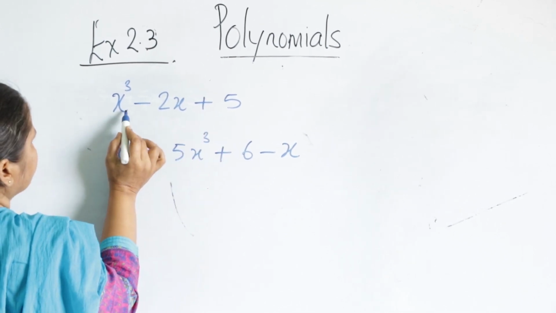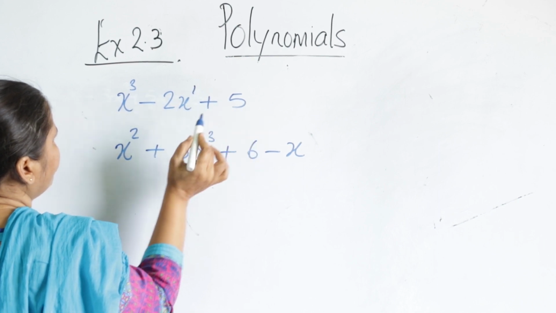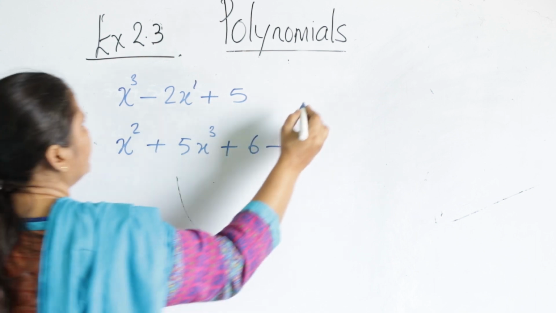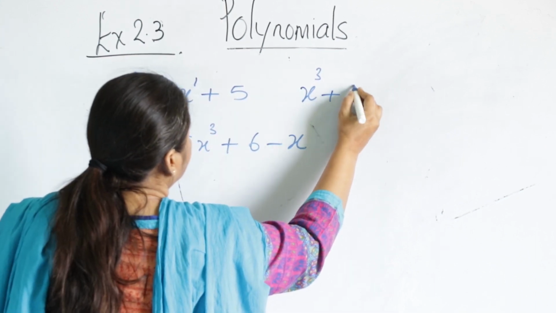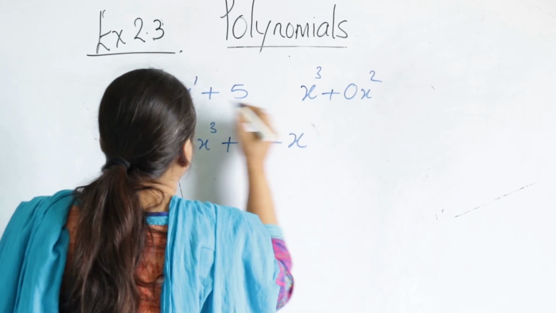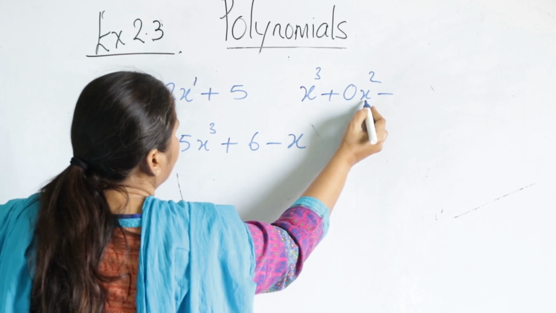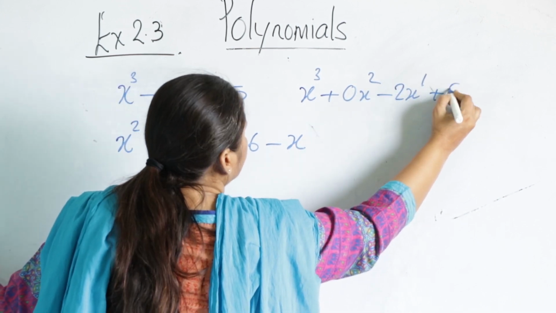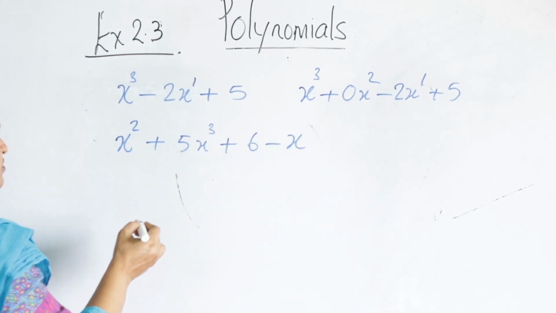Now if you see this, x cube, x raised to 1 and 5. Here x raised to 2 is missing. But for the convenience of solving, let us just take it as 0x square, then 0x square, 2x raised to 1 plus 5. This will make your simplification easier without much confusion.